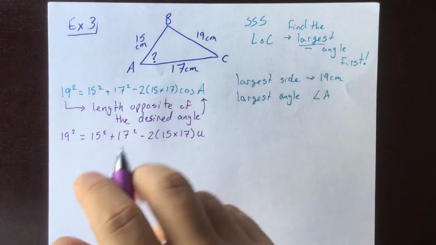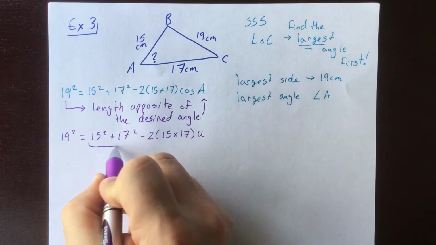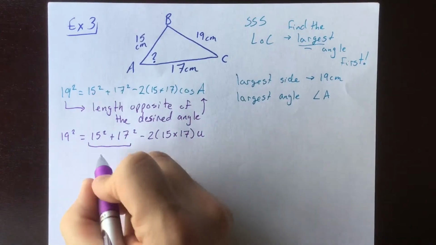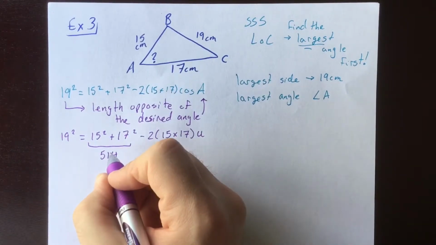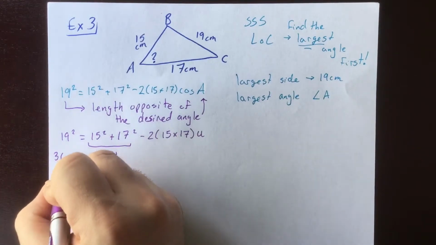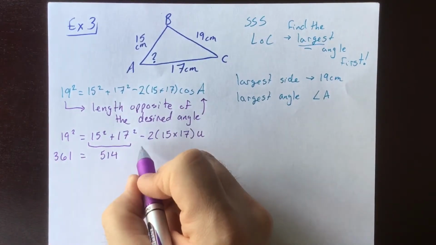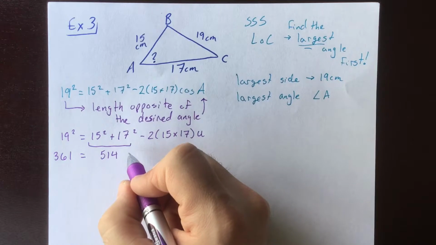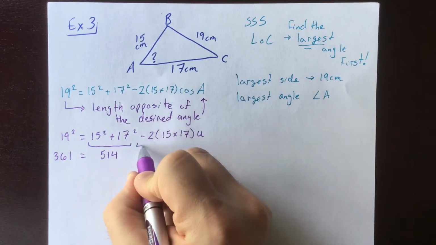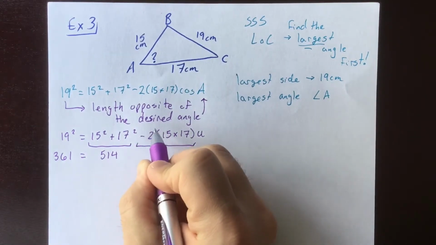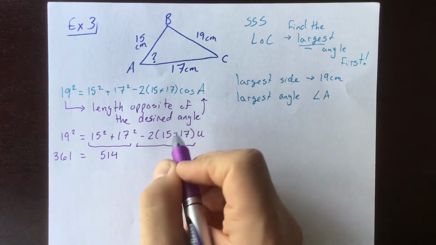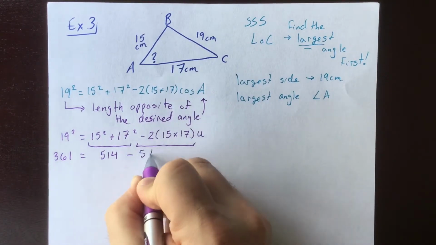So solving this, if I type this into the calculator, we should get 514. 19 squared is 361. Okay. And then placing this in, negative 2 times 15 times 17 will get negative 510.